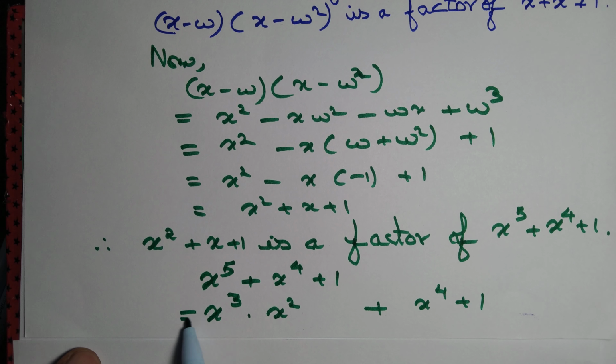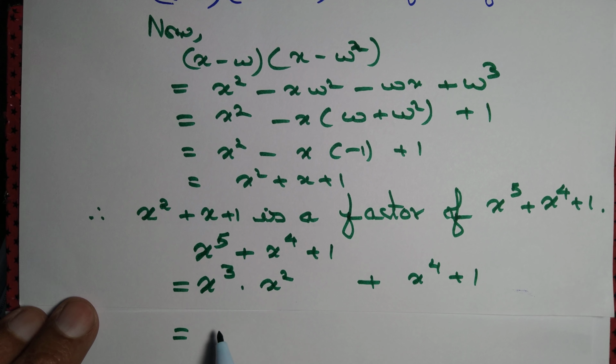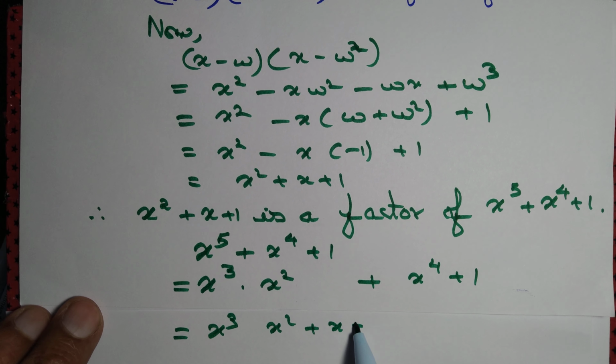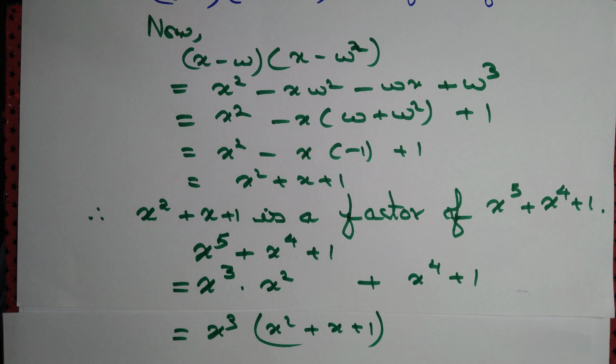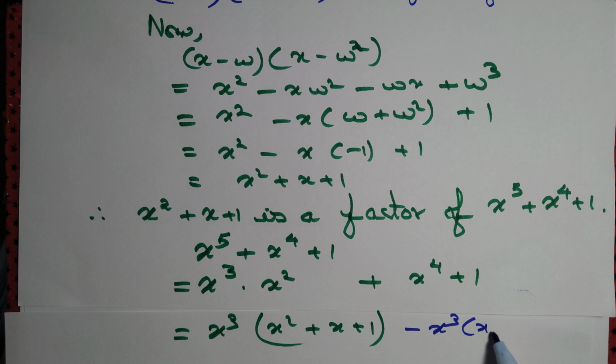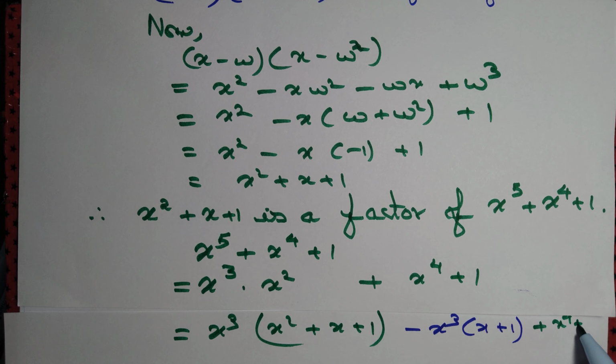Now we will write x cubed into x squared plus x plus 1. But we want the equality, so I have to subtract x cubed into x plus 1. The rest of the expression, x to the power 4 plus 1, as it is.